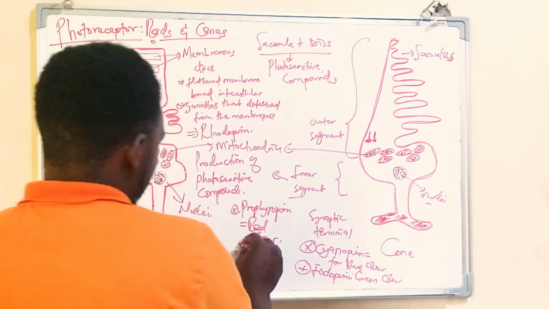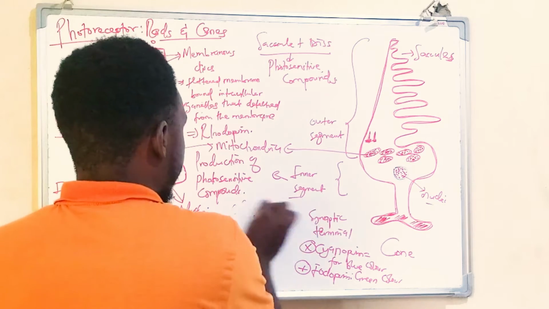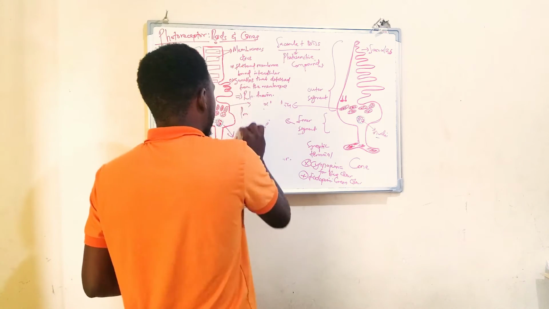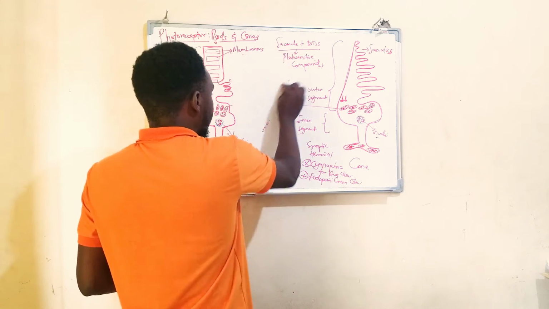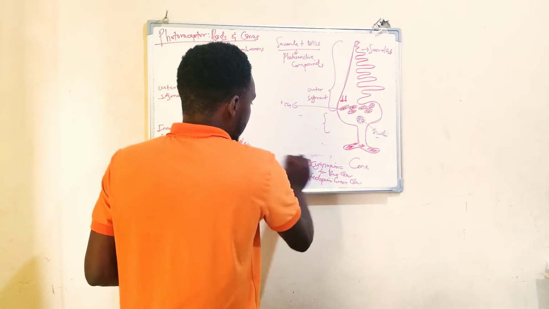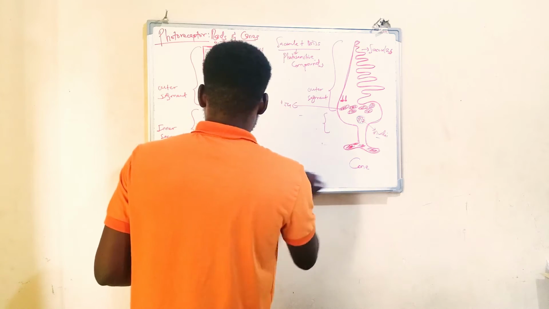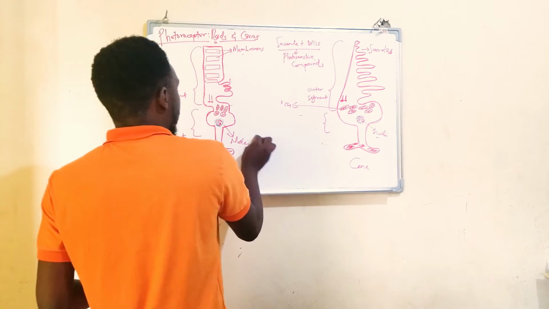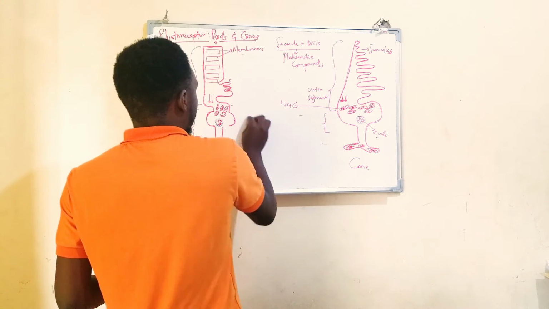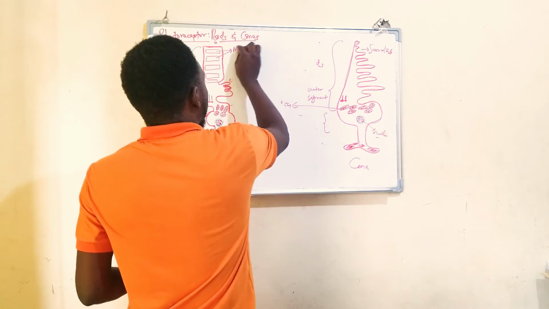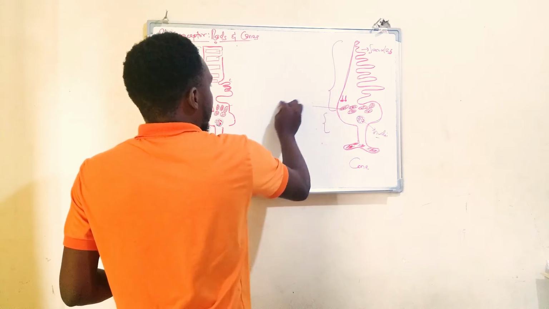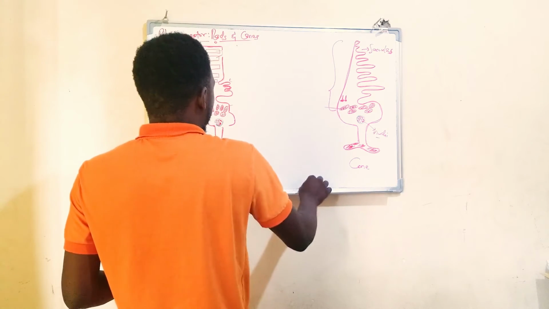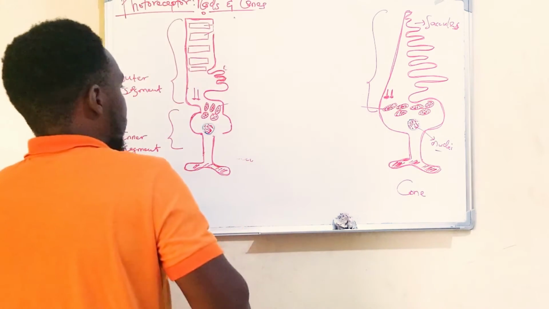Then we're also going to talk about the functions of these cones and rods in the visual processes, in short. But before we do that, there's a part connecting the inner and the outer segment known as the ciliary stalk.